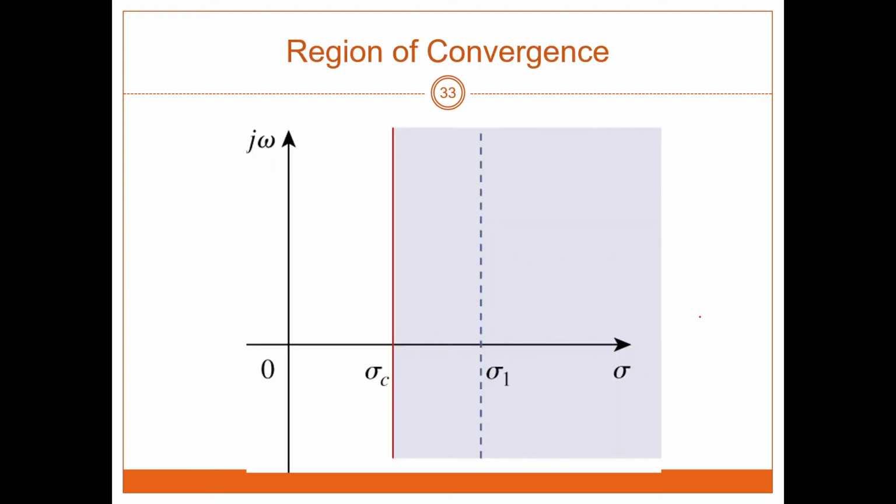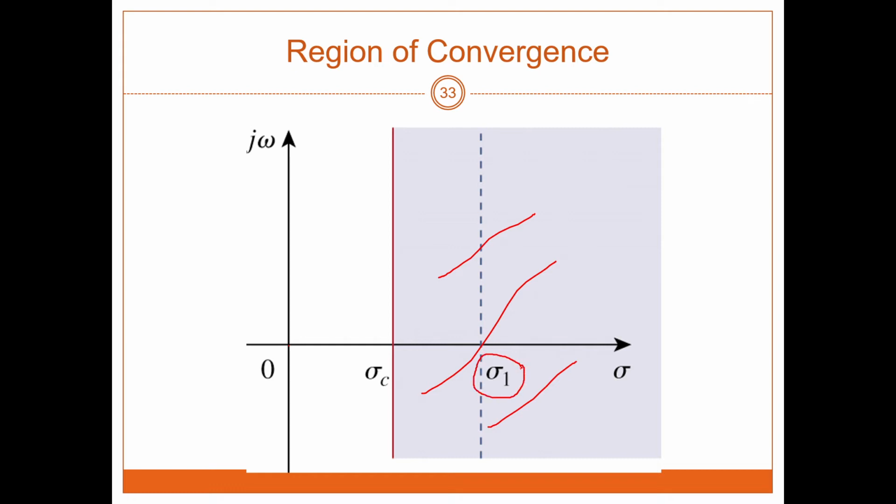For the function, just now it says from 0 to infinity, that means it is in this area. This is the region of convergence, and we identify what the sigma is.